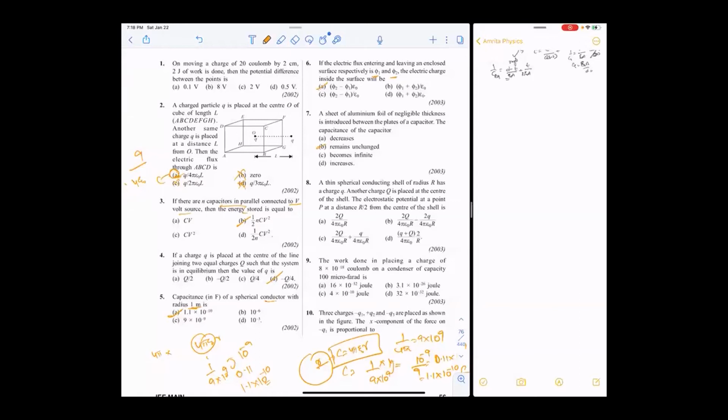Next one: a thin spherical shell of radius r has a charge Q. Another charge q is placed at the center of the shell. Find the electrostatic potential at a point P at r/2 from the center of the shell.